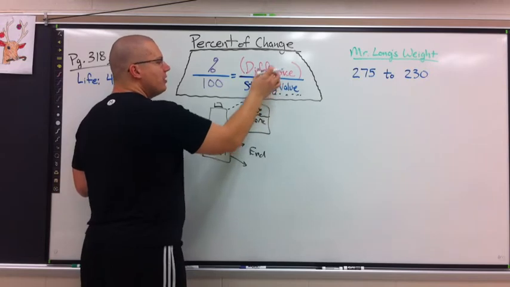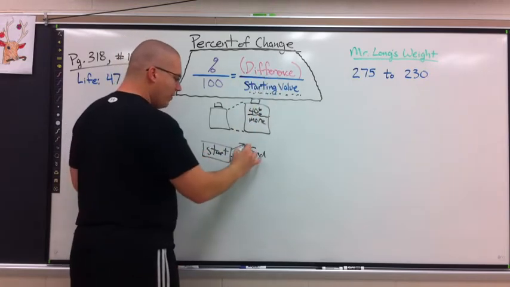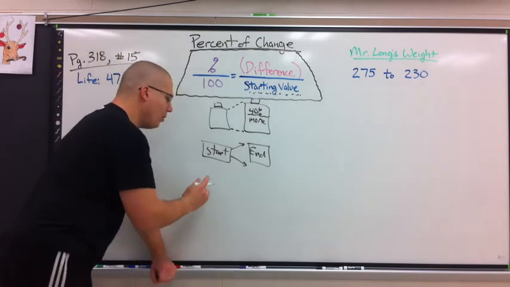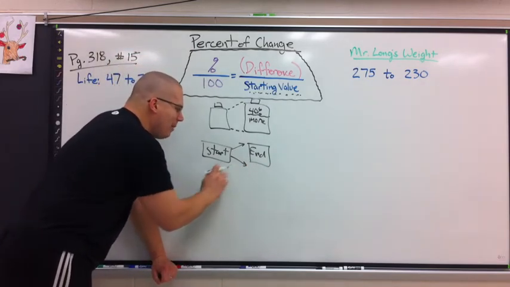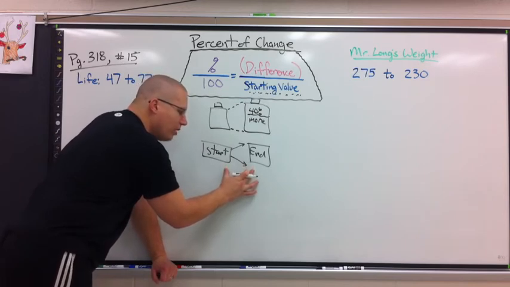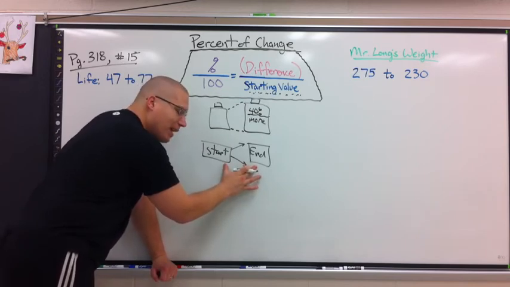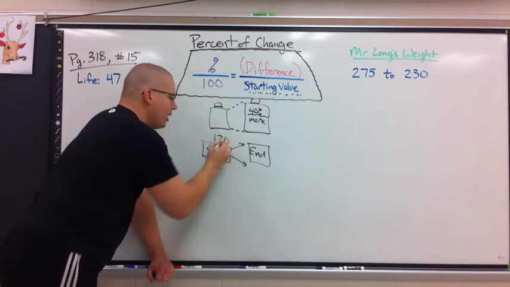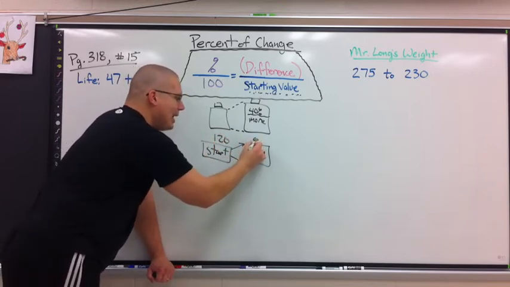Now, what goes above it is the difference. The difference of the end number minus the start number. Okay? Now, it's not always end minus start. It's these two being subtracted. So we always want a positive number, so you have to take whichever is biggest and do it first. So let's say I started at 120. I ended at 80.